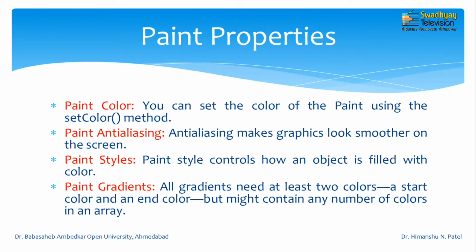These gradients specify the shades of different colors that you can use. All gradients need at least two colors, a start color and end color, and in between start and end color there are various shades of color that are automatically rendered by the gradient. These might contain any number of colors in an array. So, minimum two colors are required, but you can use as many colors as you specify.